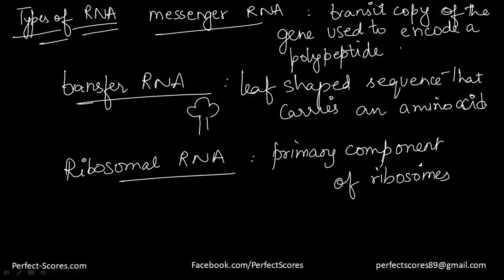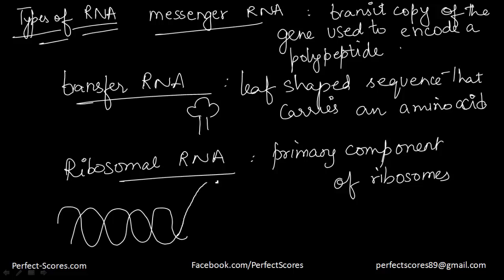But before that, I'll give you an idea of how this entire process takes place. So let's suppose here was the original DNA strand, the double helix. Now this separates here like this, and one of these strands is used to form another pair. In DNA replication, a strand of DNA is formed, but in this case a strand of RNA will be formed. Let me make it like this.